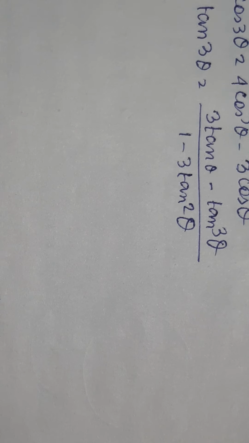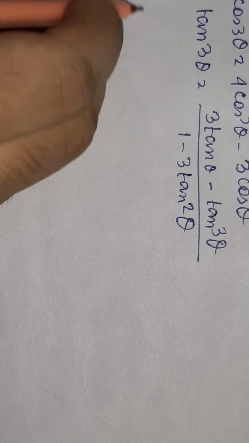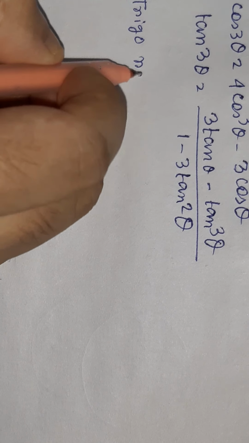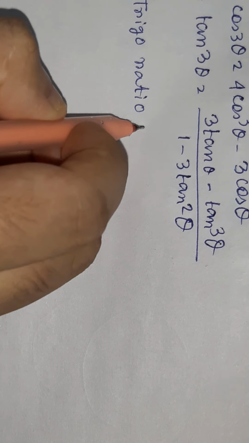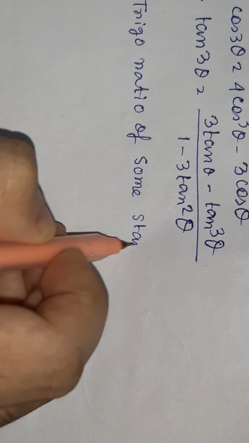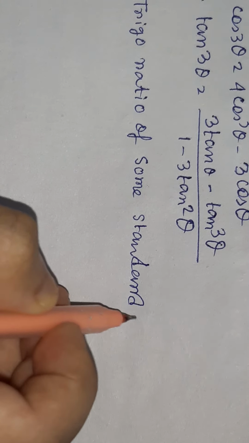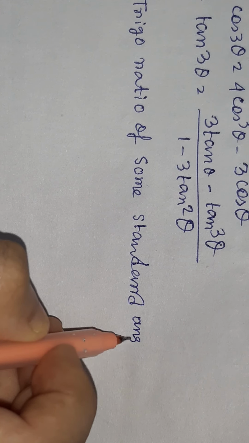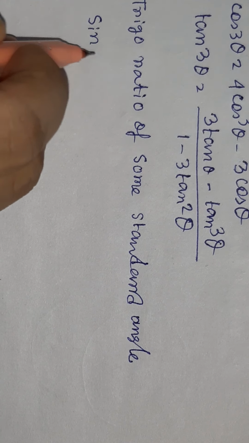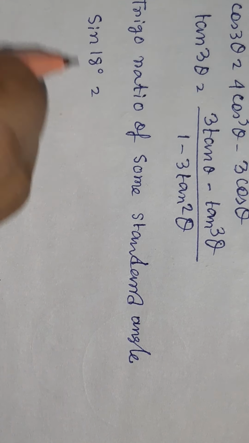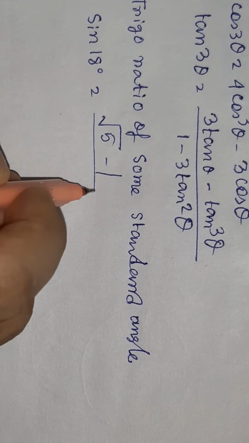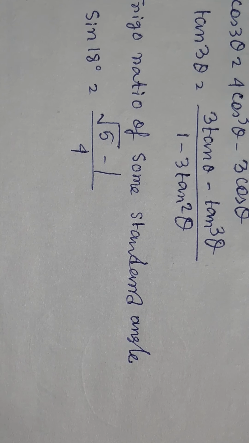So the topic is trigonometric ratio of some standard angles. If we have sin 18, then what is the value of sin 18? It is nothing but root 5 minus 1 by 4.